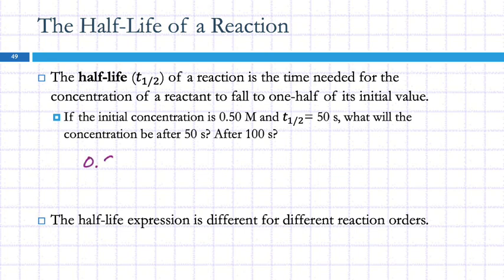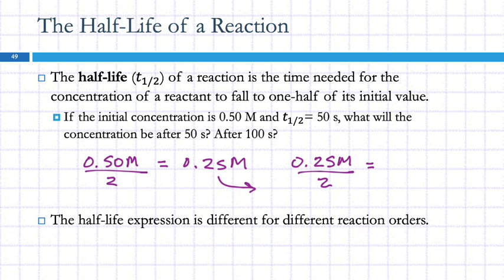So we'll divide this by 2, and we'll get 0.25. And after 100 seconds, that's 2 half-lives, right? So we'll take this one and divide by 2 again, and get 0.125.